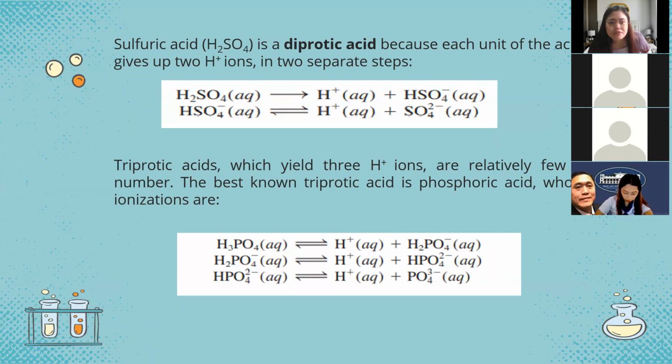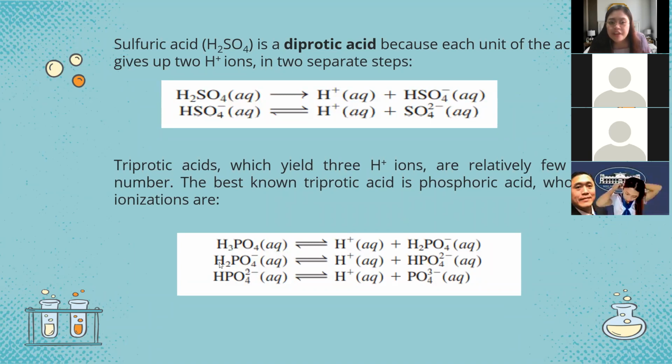And syempre, phosphoric acid is a triprotic acid because it can produce 3 hydrogen ions. So by step yung pag-release ng hydrogens na yan. You have here the original H3PO4. First round of ionization will give you 1 hydrogen and you will be left with the dihydrogen phosphate.